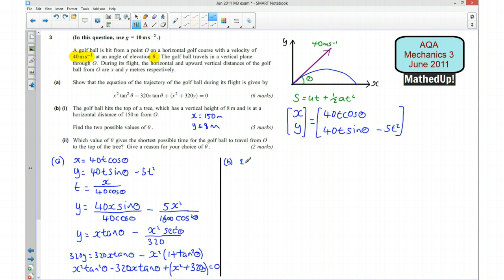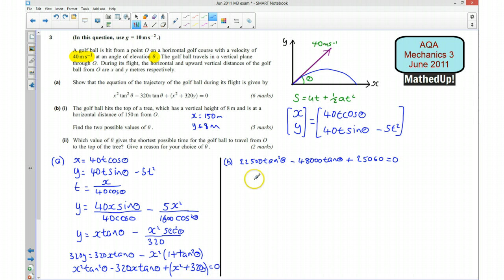So 150 squared is 22,500 tan squared theta, take away 320 times x, so 320 times 150, which is 48,000 tan theta, plus 150 squared, which is 22,500, plus 320 times 8, and all of that works out to be 25,060. Equals 0.